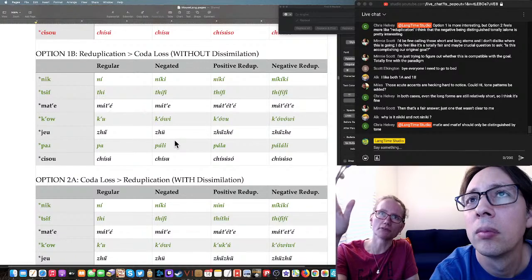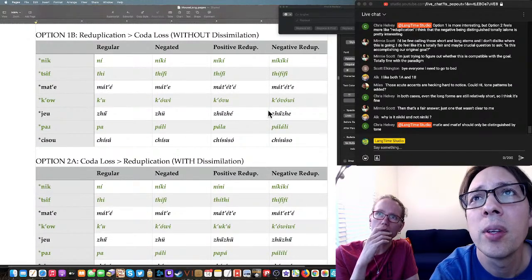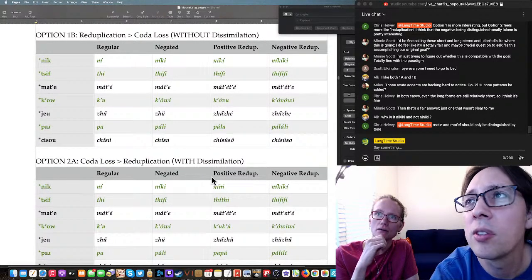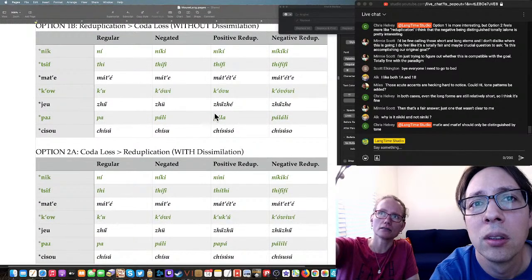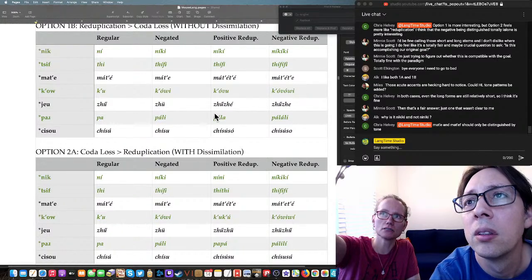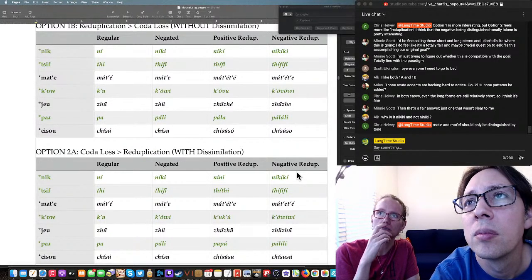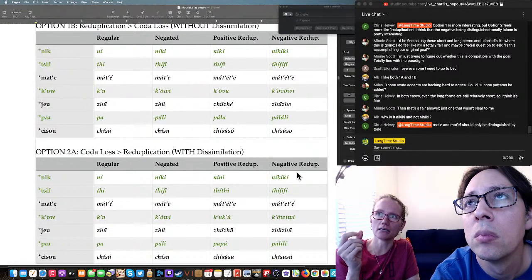Oh, sorry, up above is in option 1, right? You think so? It's different from this? You would want to change these columns and not these? I thought that this negative reduplication was based on the positive reduplication, and adding reduplication at the end.